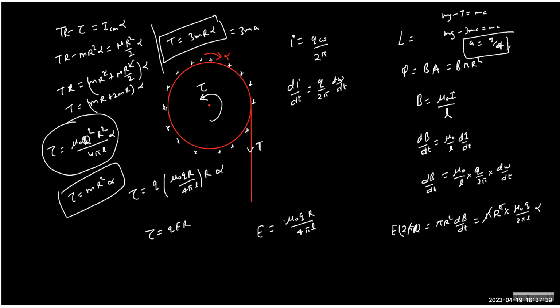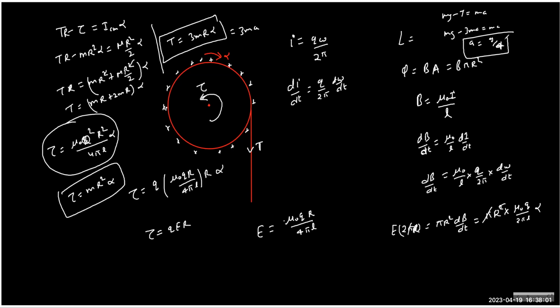Yes, sir, it's option 4. So there are many, I would say, mistakes in the question. I solved it with the assumption that, first of all, this question is only true if L is infinitely large compared to the radius.